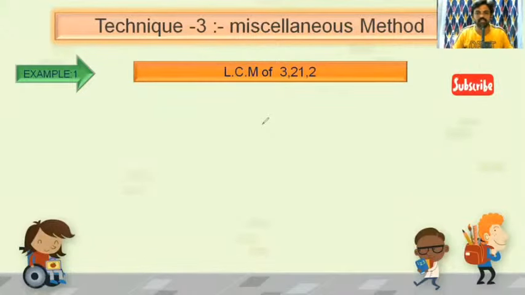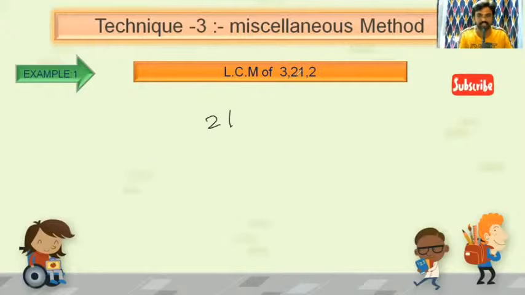In example 1, there are three numbers given in the problem: 3, 21 and 2. We need to find their LCM. In the same method, my dear friends, first we take the biggest number, which is 21, and we check whether all the other given numbers are factors of 21, or whether 21 is a multiple of the other numbers.